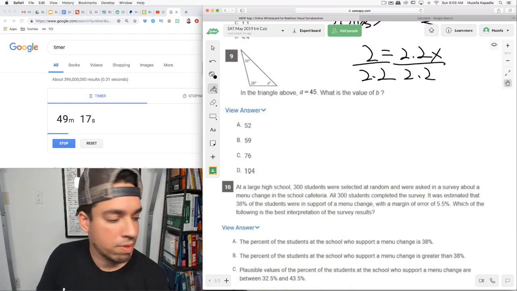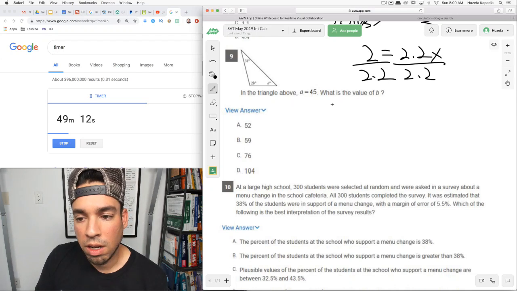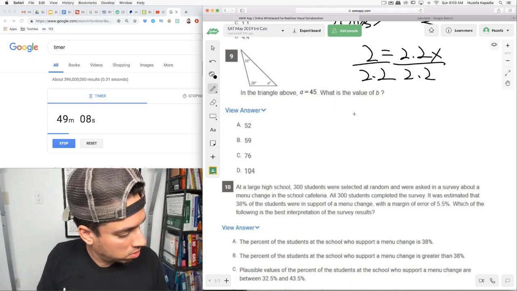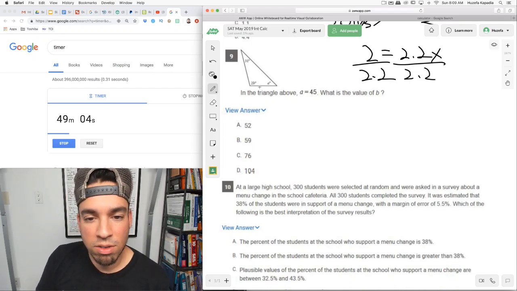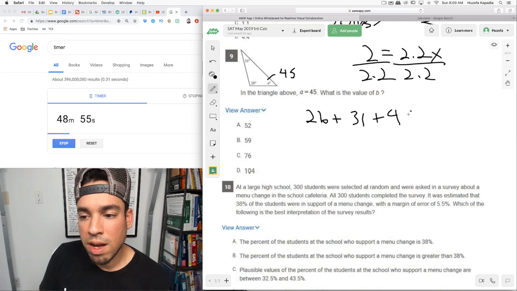In the triangle above, A equals 45. What is the value of B? We'll set up an equation: 2b plus 31 plus 45 equals 180.